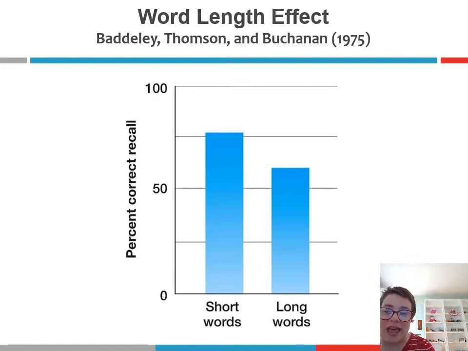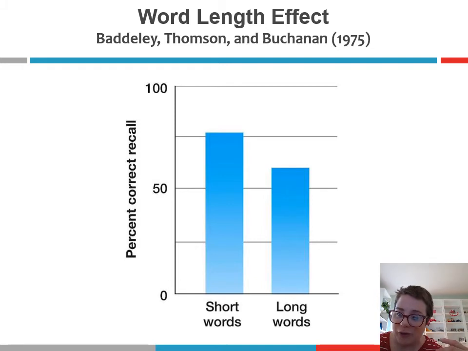So related evidence to the word length effect is the result that speaking rate is correlated with working memory span or working memory capacity. So individuals who tend to have a faster speaking rate, right?